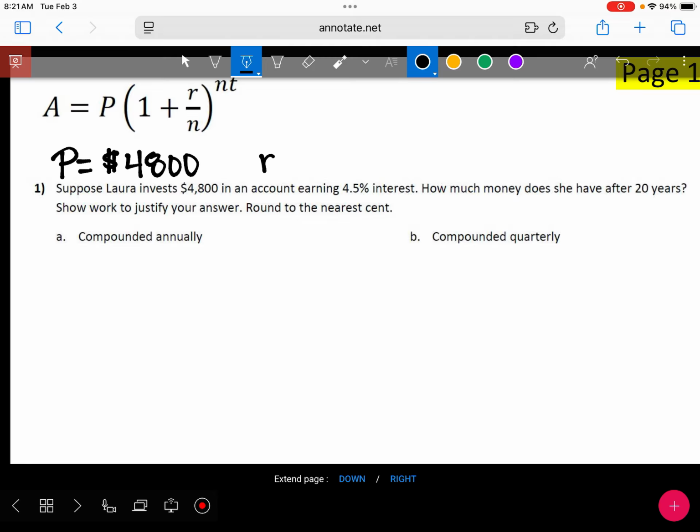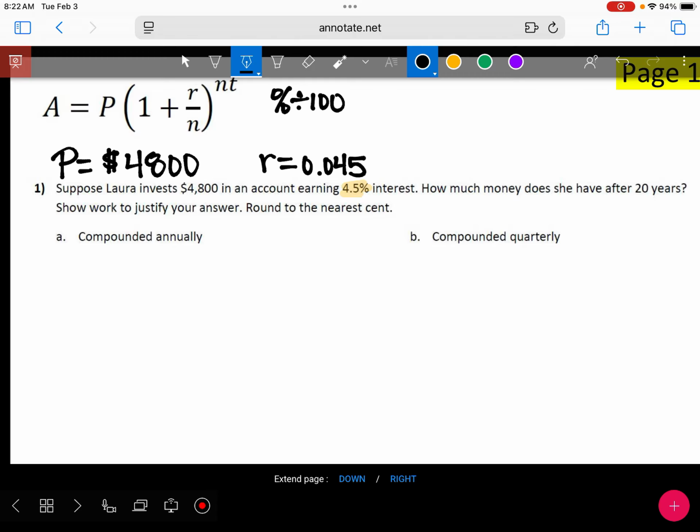The interest rate, 4.5% as a decimal, is that 0.45 or 0.045? What do you think? And if you don't know, divide that by 100. If you're trying to convert it, you would just take the percentage divided by 100. And if you take 4.5 divided by 100, you get 0.045.